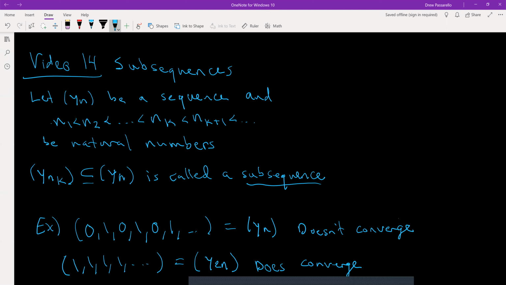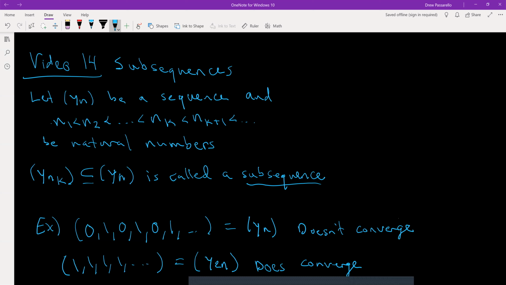Then the subsequence would be y_{2n}, for the even values of the indices. So that's an example of a subsequence of the even terms, where the even terms themselves form a convergent subsequence.